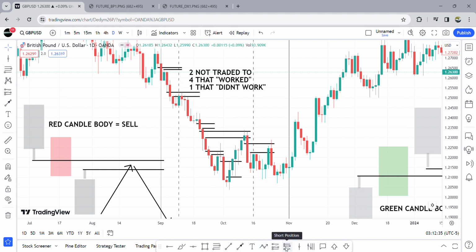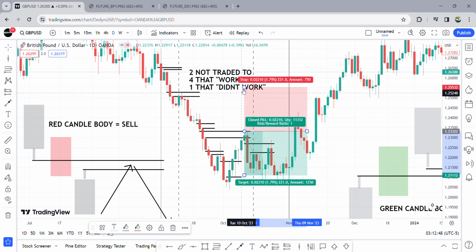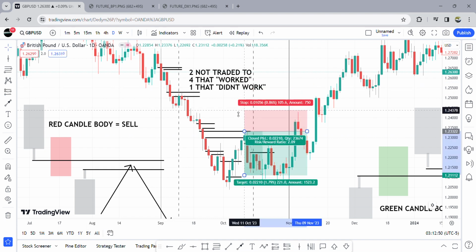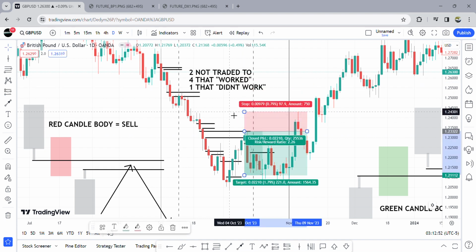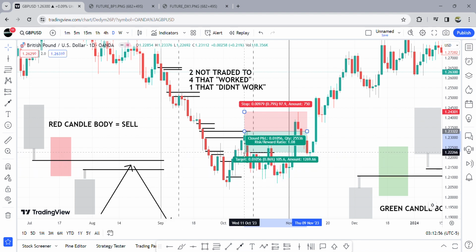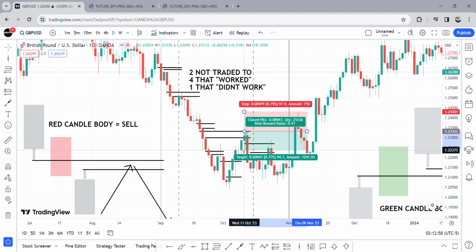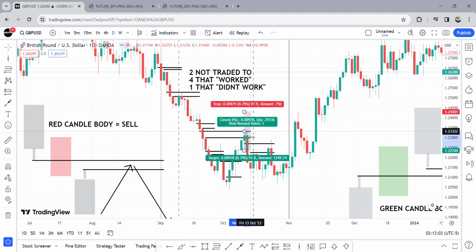Let's look at actually entering the top of these ranges, and stop above the swing high, targeting 1-to-1, because it is a daily chart. This one worked.